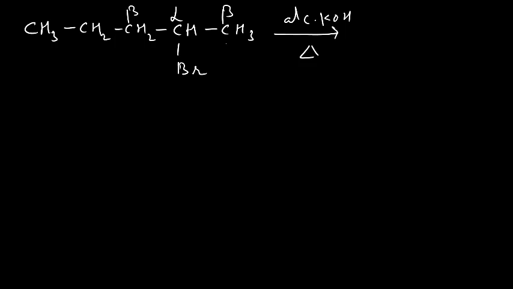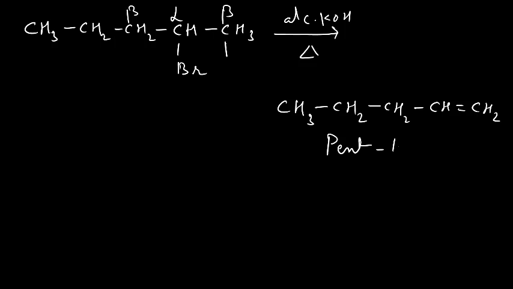So if hydrogen is removed from the first carbon, then what is the substance we get? CH3, CH2, CH2, CH, double bond CH2. What is this substance? This substance is pent-1-ene. What is the other substance?